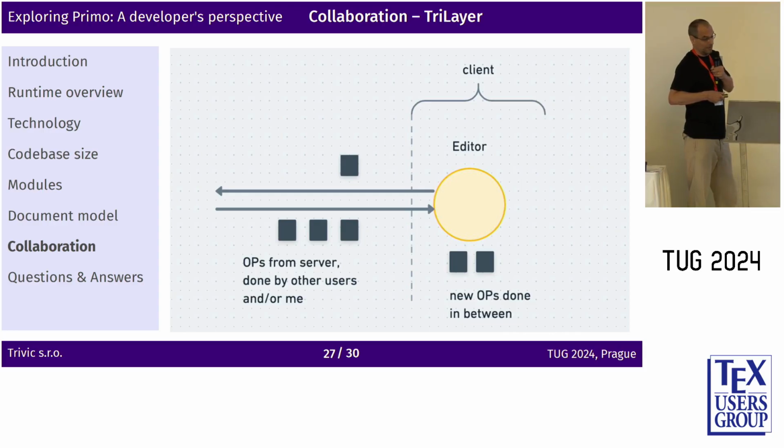It is not that likely, but it's possible, it can happen. These new operations which you have done have not yet been sent to the server, but they have already been applied to the document model, and the UI already reflected it.